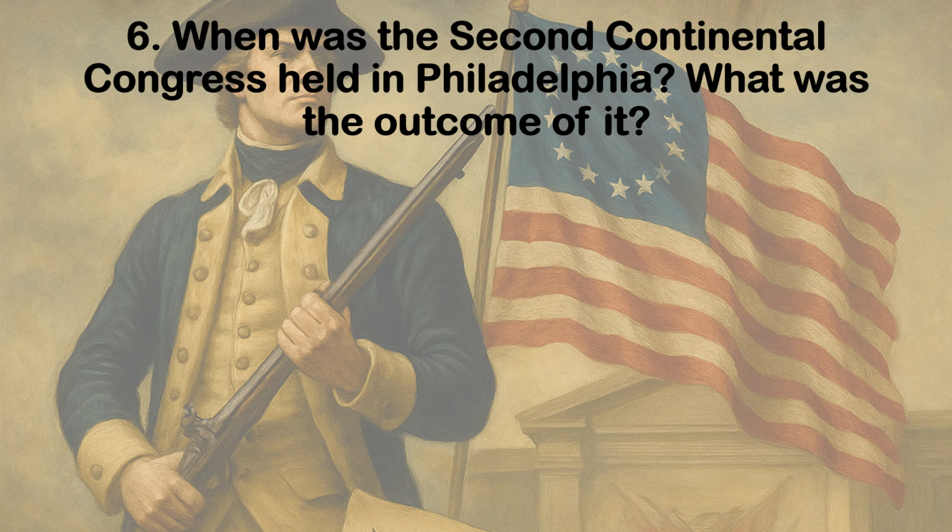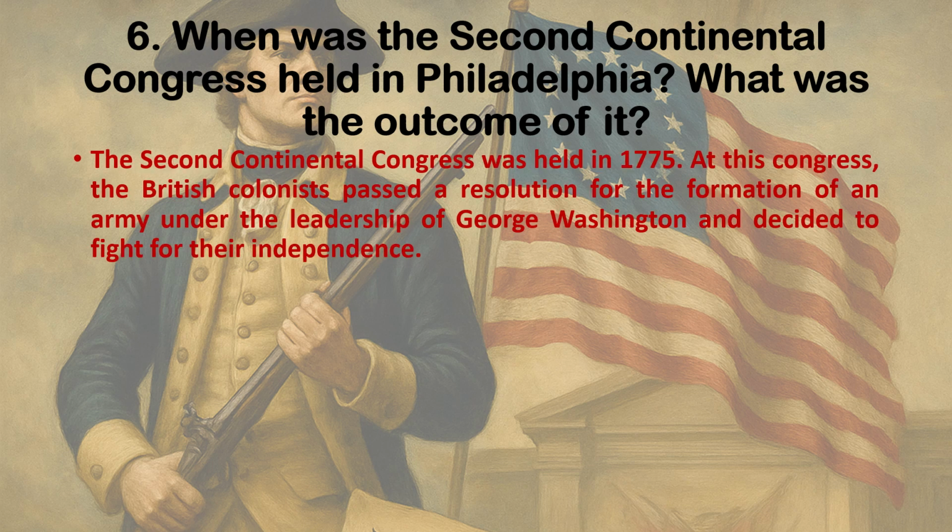When was the Second Continental Congress held in Philadelphia? What was the outcome of it? The Second Continental Congress was held in 1775. At this Congress, the British colonists passed a resolution for the formation of an army under the leadership of George Washington and decided to fight for their independence.